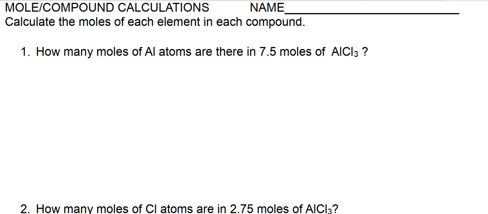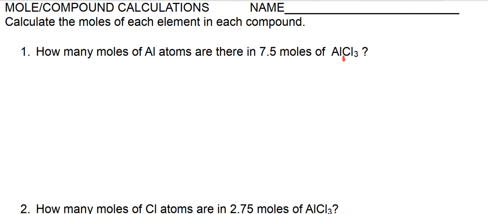To figure out how many moles of an element there are in a given compound, we have to look at the ratios. We know that there's one piece of aluminum and 3 pieces of chlorine.